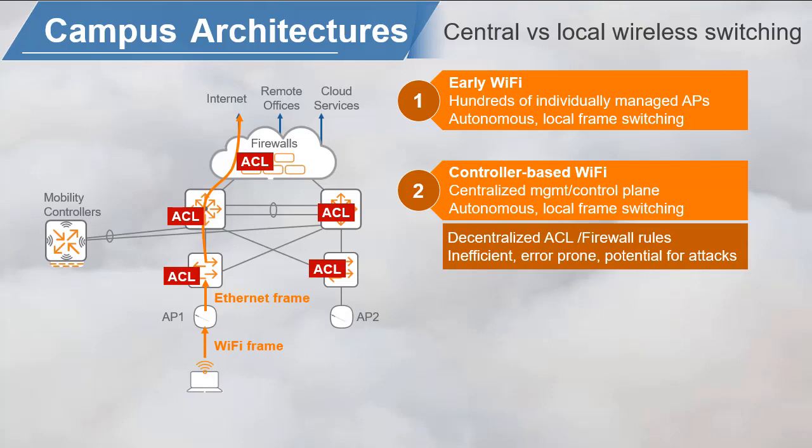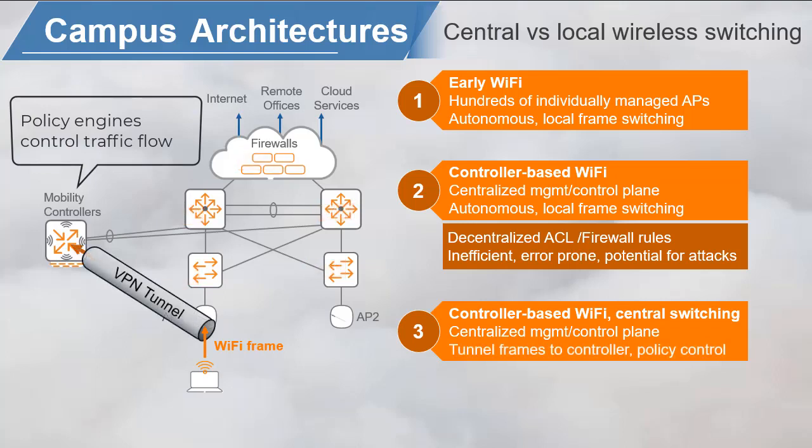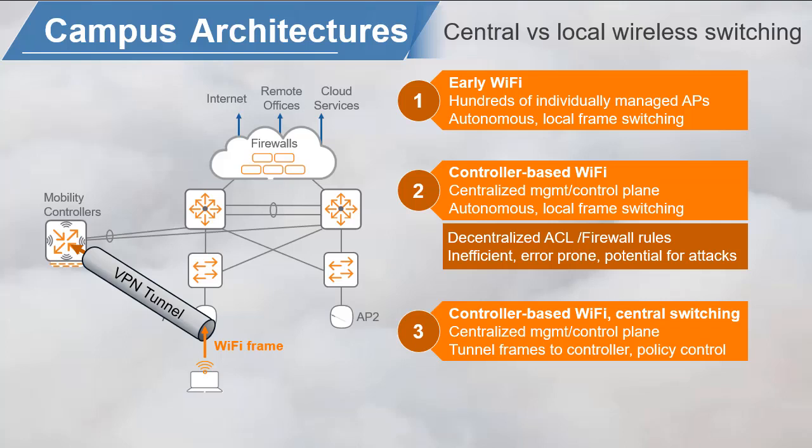Now, solutions like those from Aruba alleviate these decentralized security issues, replacing it with centralized access and policy control. Now, instead of locally switching traffic, the APs tunnel Wi-Fi traffic to one or more centralized controllers. All this traffic can run through policy engines to control where traffic can go, how much bandwidth it can use, and more.